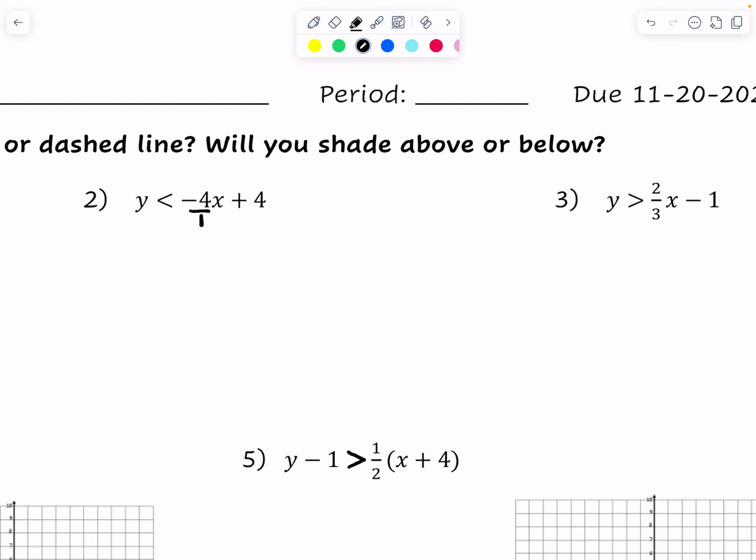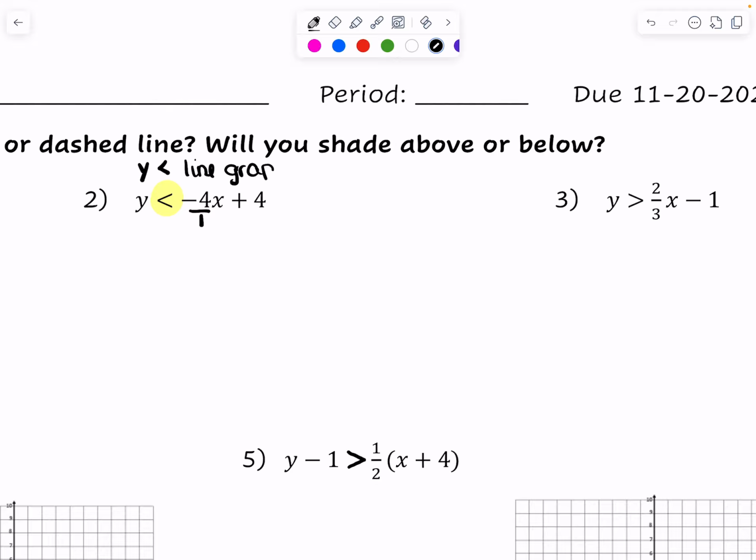So the inequality symbol that I see here is less than. So y is less than -4x plus 4, or y is less than the line that we're going to graph. Okay. So y is less than the line.